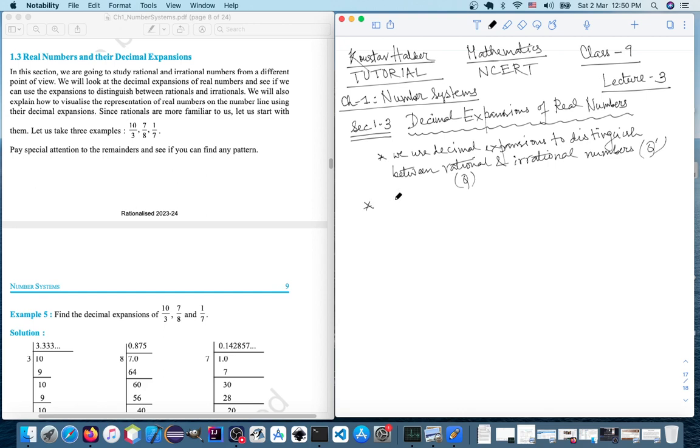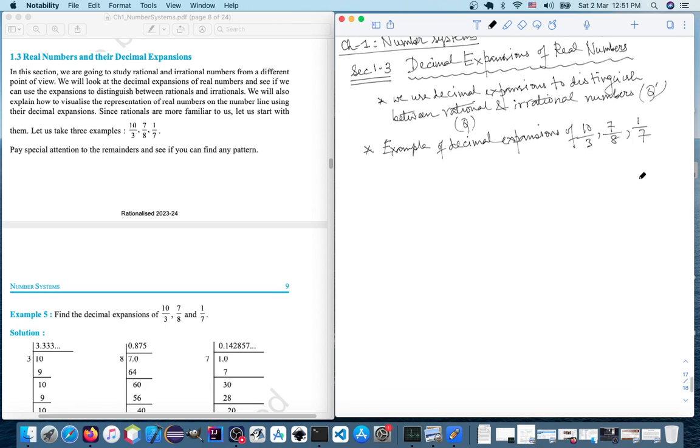First, we will see how we find the decimal expansion of rational numbers. Example: decimal expansions of 10 by 3, 7 by 8, and 1 by 7.